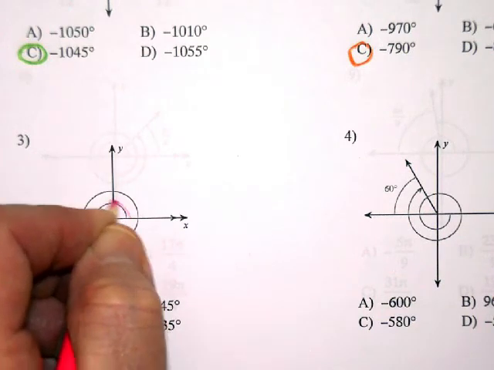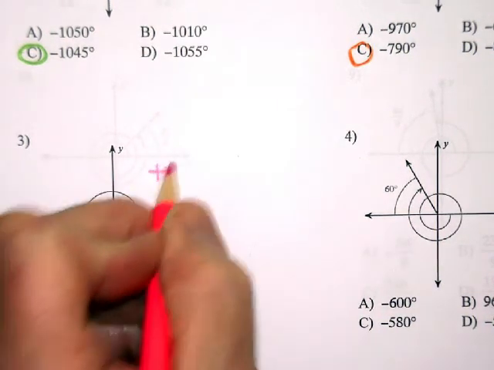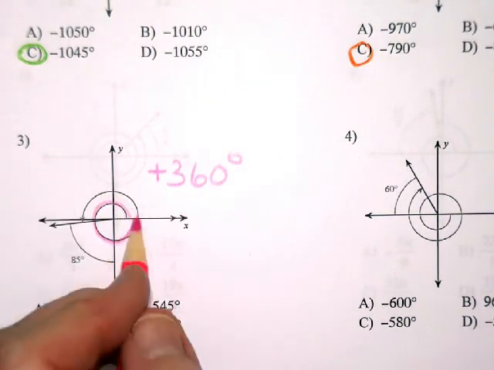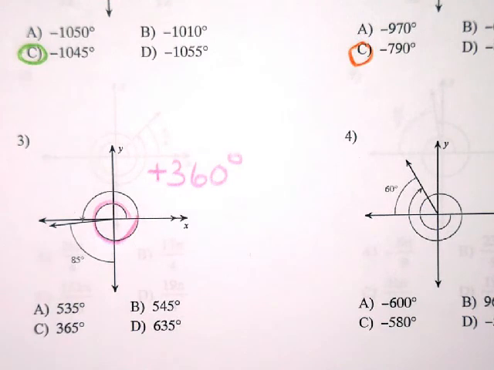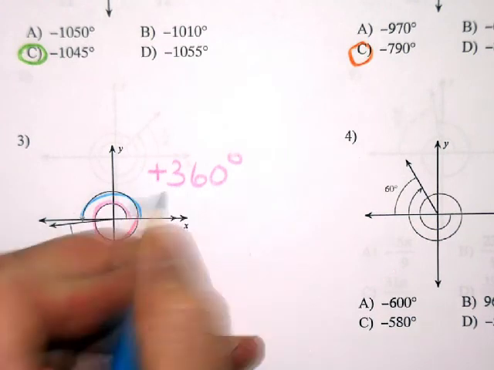Now we're going over. So this is a positive 360. I'll emphasize that because we went over the x-axis first. I went another 180.